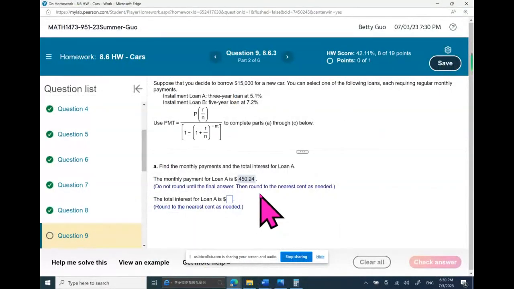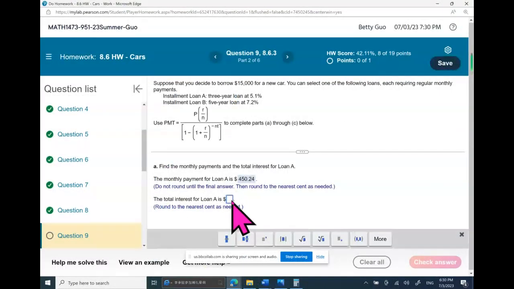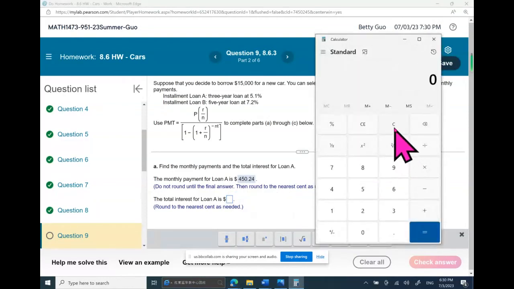And earlier we just got the monthly payment for the Plan A, right? And what's the total interest for loan A? We're going to find out. We pay $450.24 every month. For how many months? 3-year loan, 36 months. So multiply by 36.